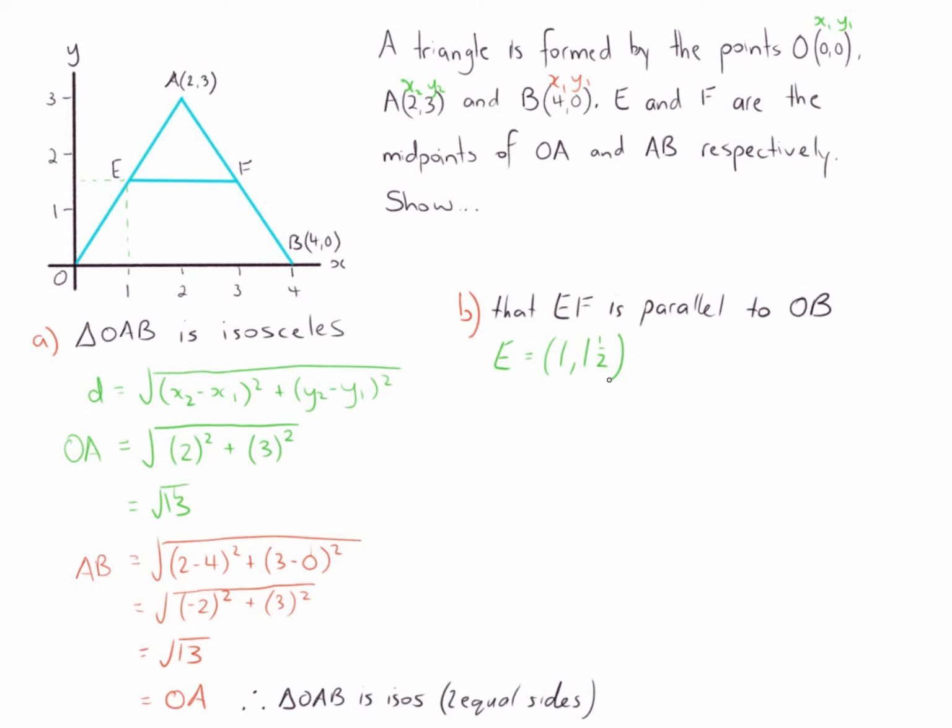Similarly, we can look at F and see that it has an x-coordinate of 3 and a y-coordinate of 1.5 as well, because we're going halfway between 0 and 3.